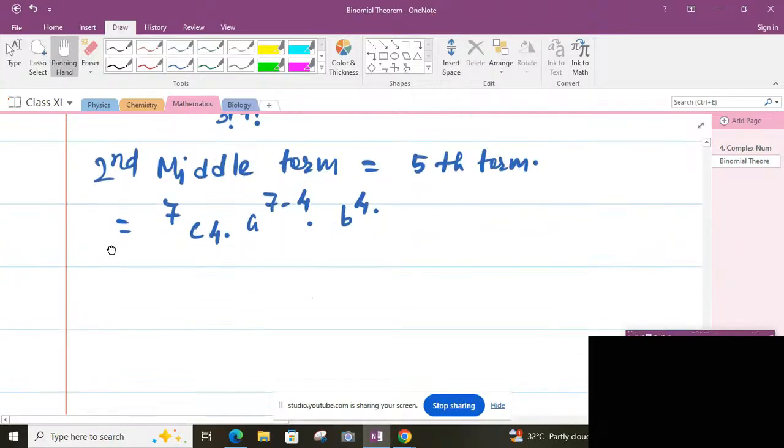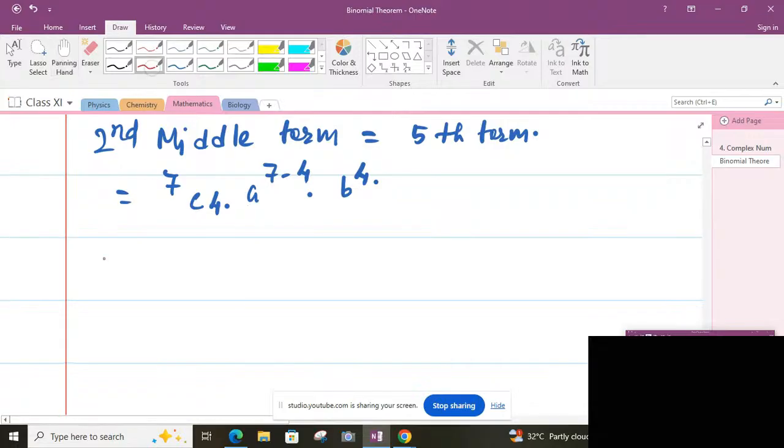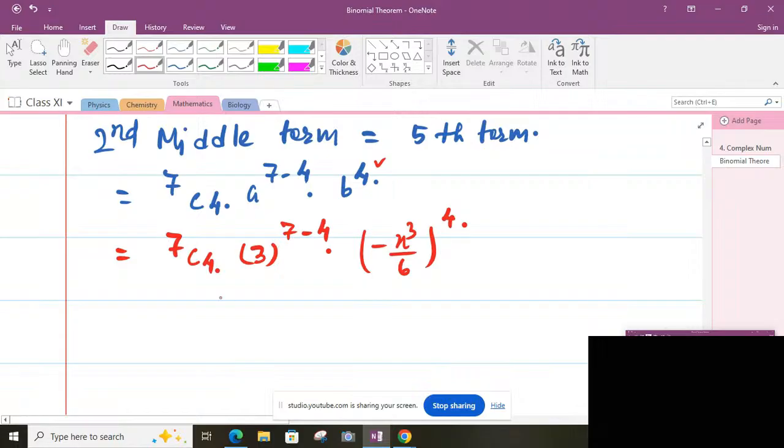According to the question, the value of a is 3 to the power 7 minus 4, and the value of b is minus x cube by 6, to the power 4.